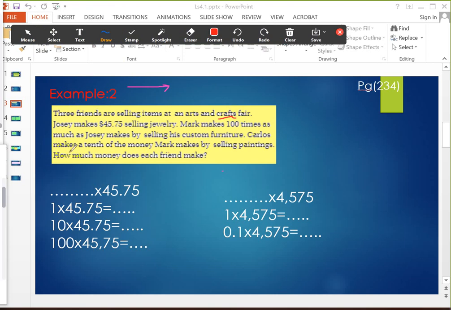Okay? So Juicy makes $45.75 selling jewelry. Mark makes 100 times as much as Juicy makes by selling his custom furniture.